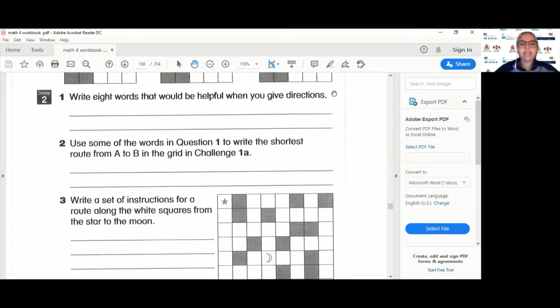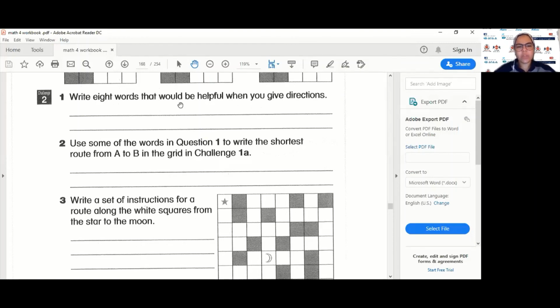Okay, in this question, I want you to write any words that you can use to move from one point to another. Okay, so we have here up, down, left, right. I want you to choose different words also to describe your movement from one direction, from one position to another.